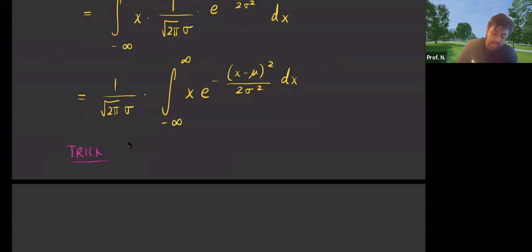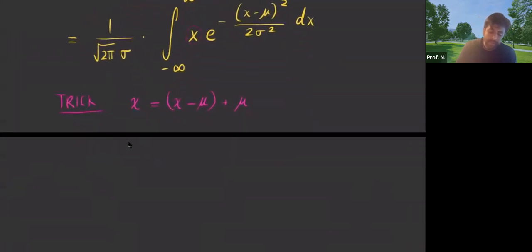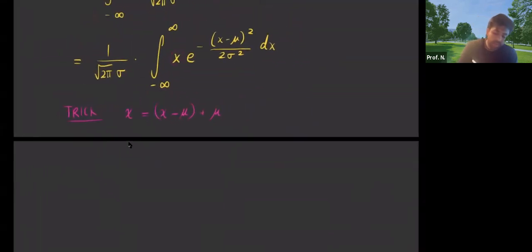So I'm going to replace this x, okay? I'm going to say let x equal x minus mu plus mu. And then you're like, what? Why does this work? So look at this. This is 1 over the square root of 2 pi sigma. Do you guys see how this is the same?